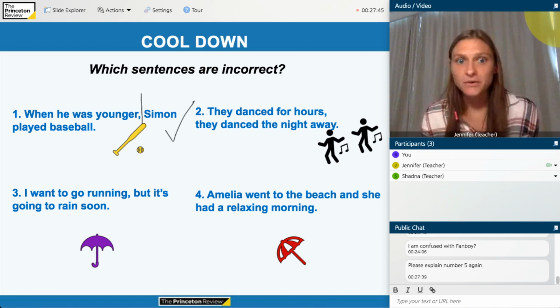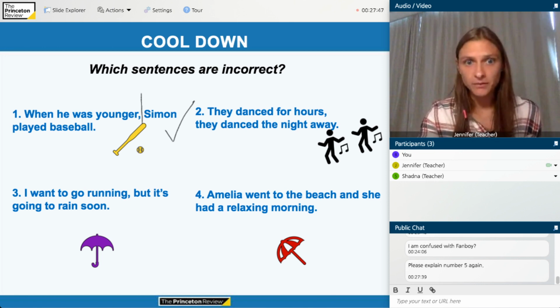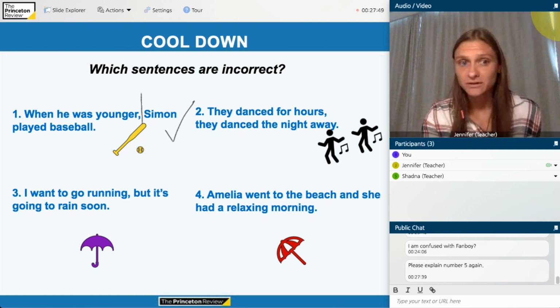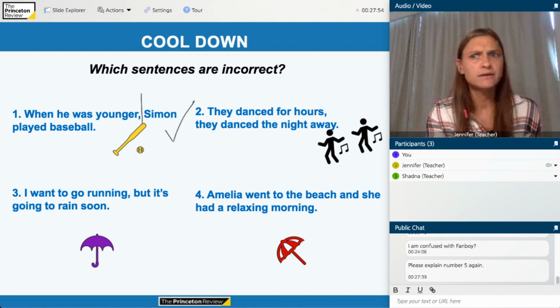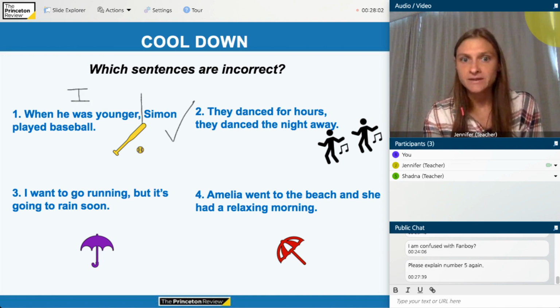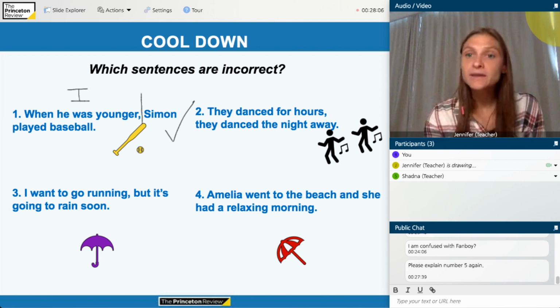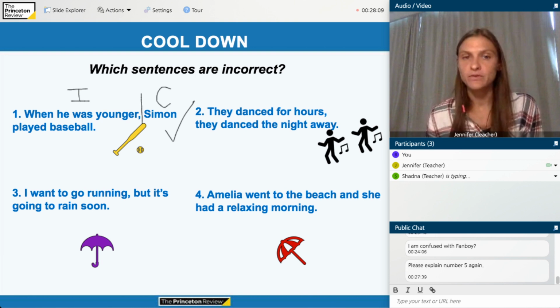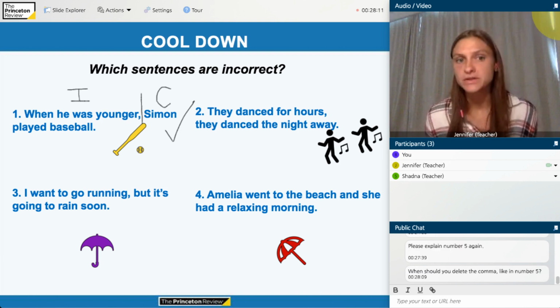We don't know. So we can't say that's complete. If someone just came up to you and said, when he was younger, you would be like, when he was younger, what? I don't know. You got to finish that sentence. So since that's incomplete, and the next part here, Simon played baseball, that is complete, you can put a comma between them. You just can't have the comma alone between 2 completes.